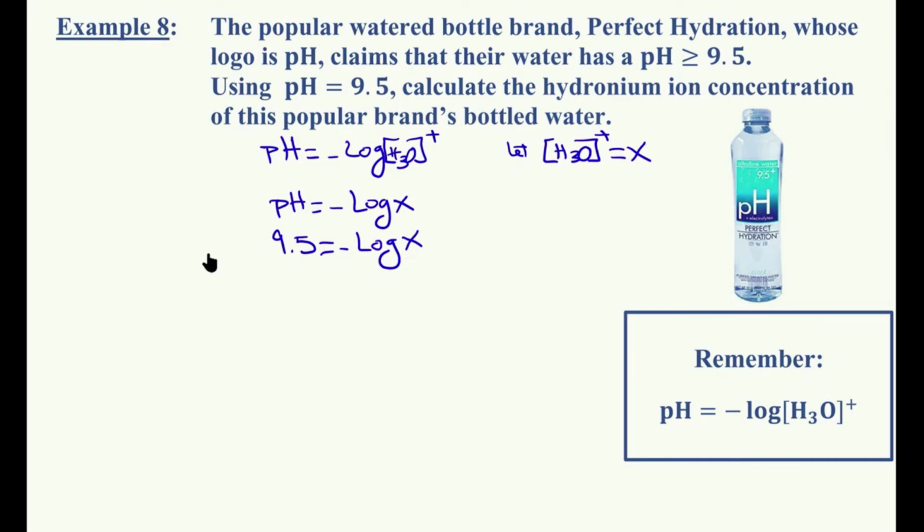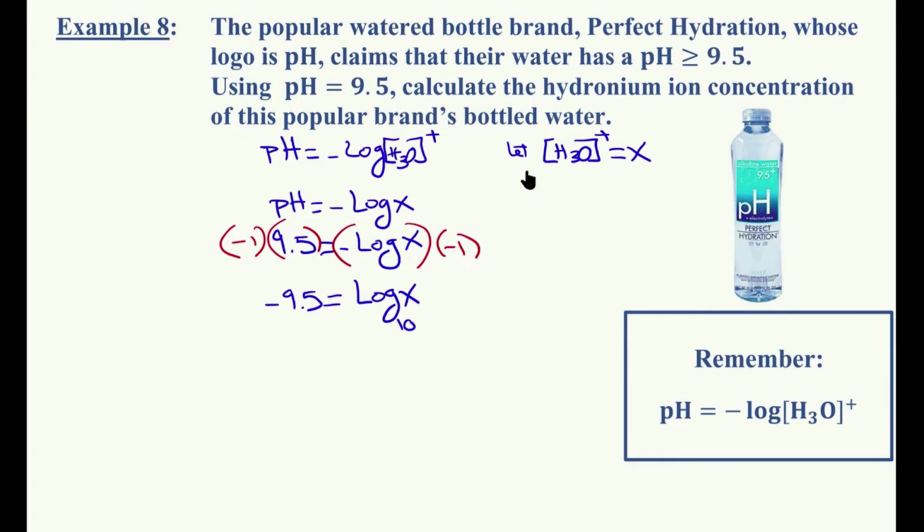So we're going to multiply both sides by -1. Like that. And so we end up with log x equals -9.5.